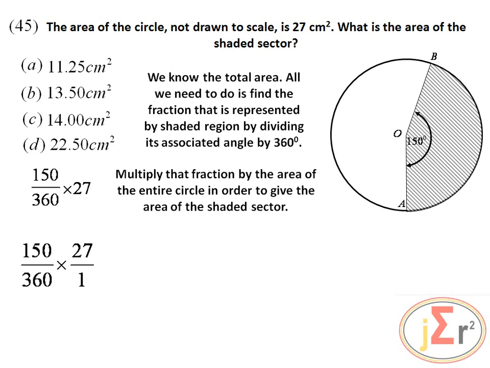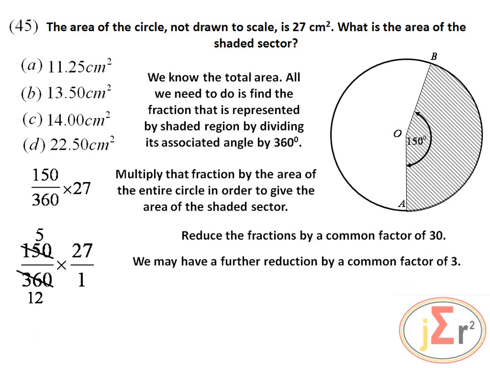And what do we do? We reduce the fractions by a common factor of 30. 30 into 360 will give 12. 30 into 150 will give 5. We can further reduce the expression by a common factor of 3.